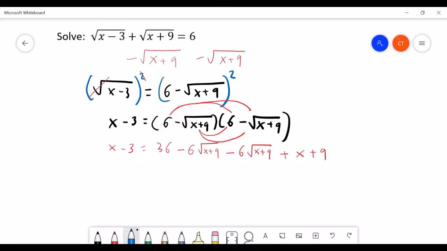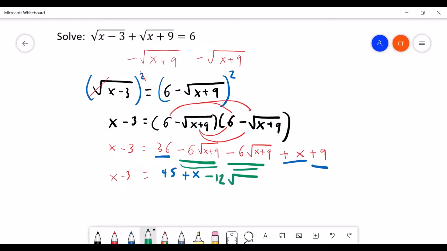But first, combine like terms. 36 plus 9 is 45. So we have x minus 3 equals 45, then you have your plus x. And if we have a negative 6 square root of x plus 9 minus another 6 square root of x plus 9, that's minus 12 square roots of x plus 9.